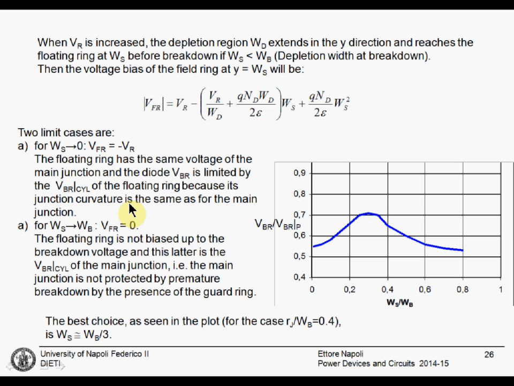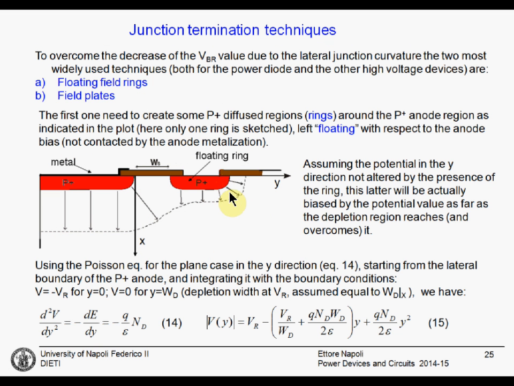Clearly, you get exactly the same breakdown voltage as in the presence of the cylindrical junction, because the curvature here is exactly the same as for the main junction without the floating ring.